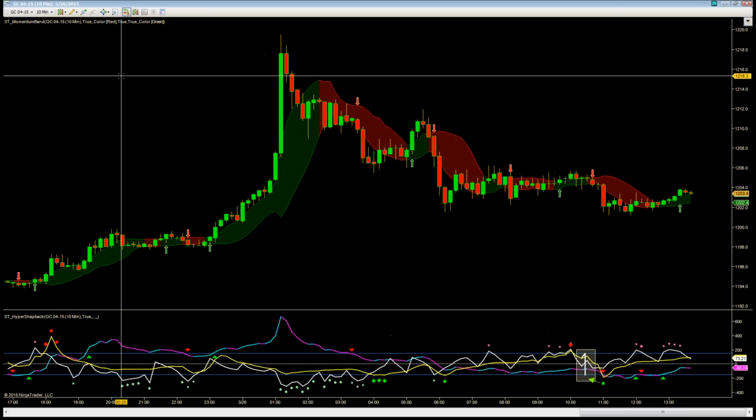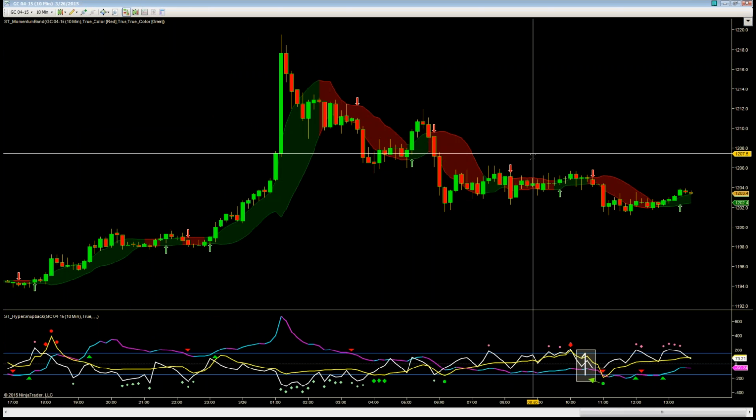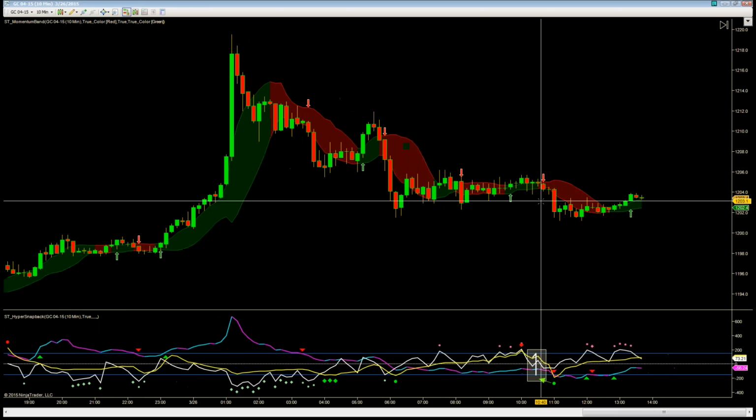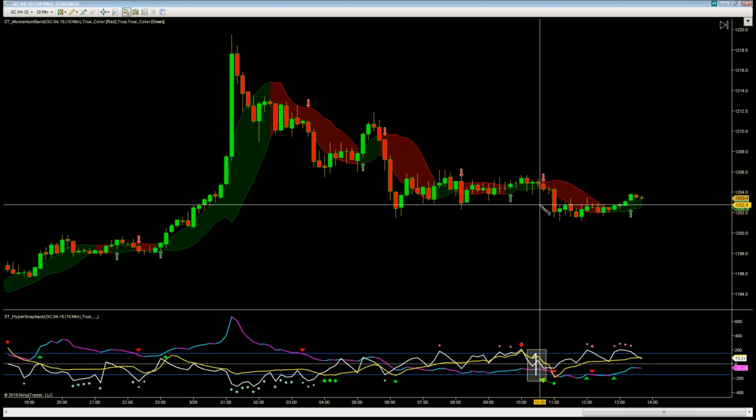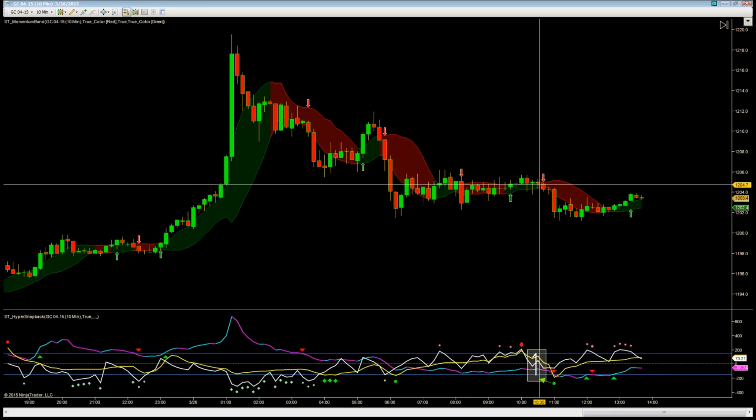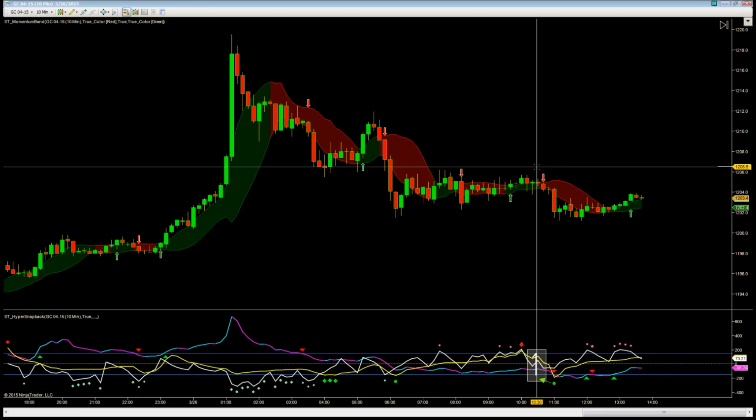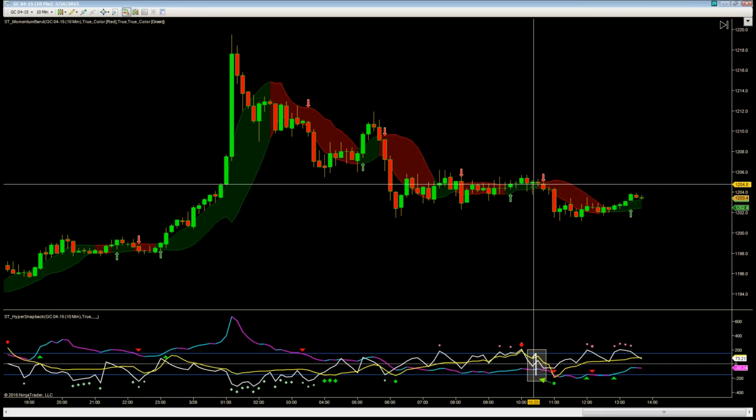The 10-minute is a good time frame for signals. And this is another trade that I took earlier. So we have some choppiness in the market.